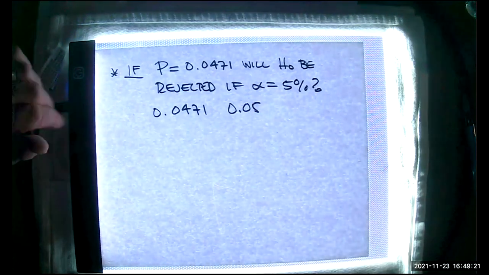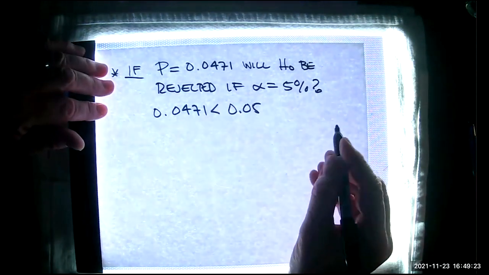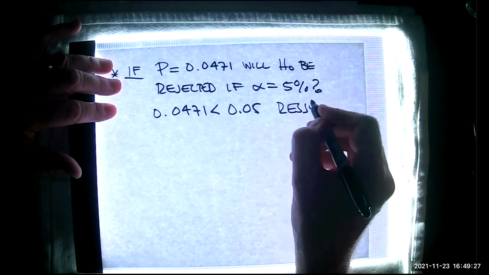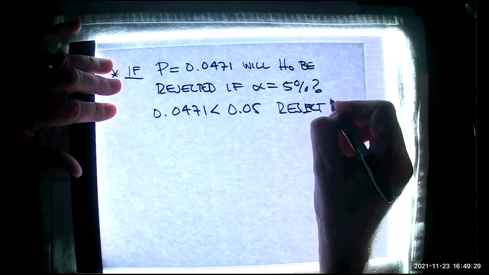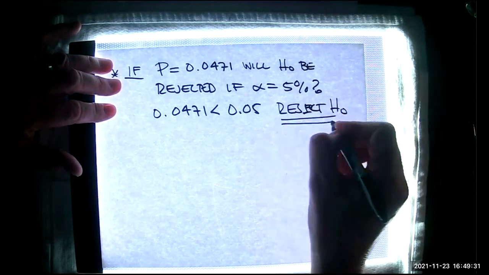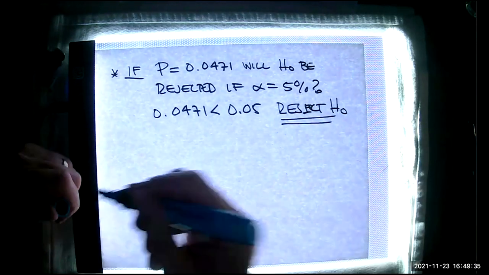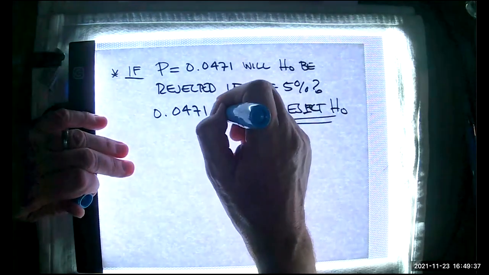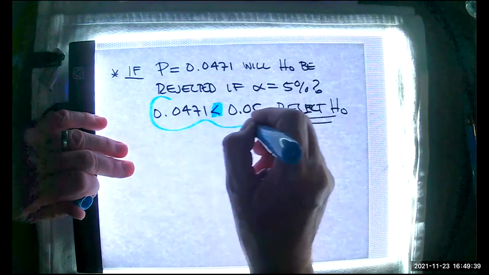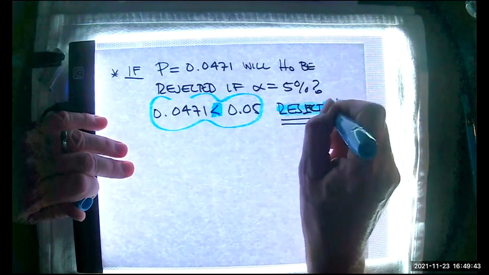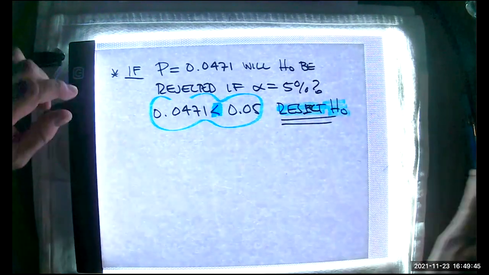Which one is bigger? The alpha is bigger, so we will reject the null hypothesis. I do that because, once again, my p-value is less than or equal to my alpha. So I reject the null hypothesis.